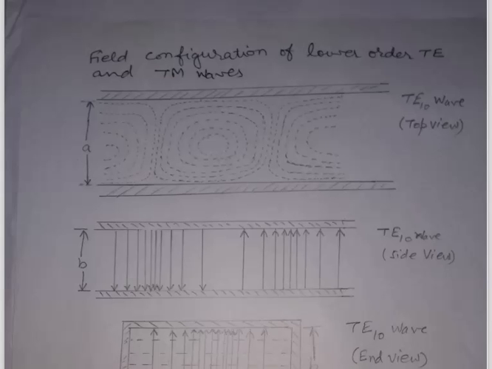So in this first figure, which is the top view for the TE10 wave, we have shown the magnetic lines of force by the closed loops as viewed from the top of the rectangular waveguide. So this is the figure for the top view.